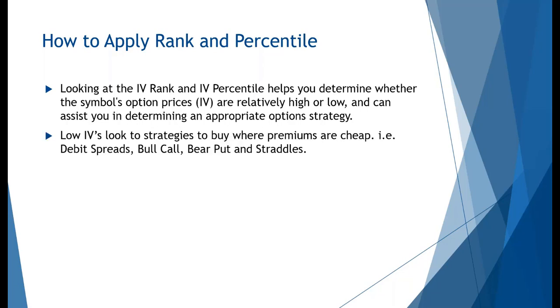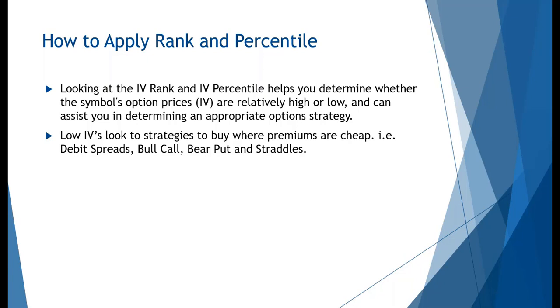If we have low volatility or low IV, then we're going to look to strategies where we purchase the volatility. We're going to buy the premiums, and we could look for directional movement. Some of the more typical directional plays would be just buy a call or just buy a put if I believe price is going to go in one direction.